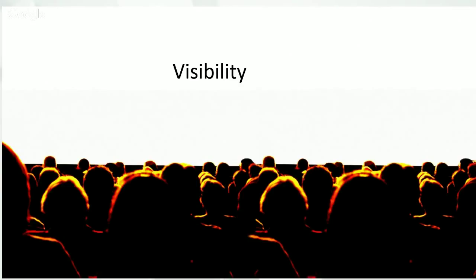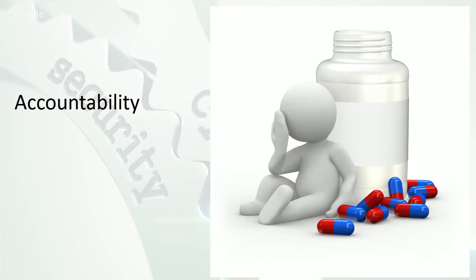But along with visibility, we also have accountability. We have an accountability component because we need to know who set that firewall up, who changed the rules of that firewall. Did they change the rules, or did they just make a rule up that they didn't know was going to work and then didn't worry about it? Who did that? Why do they need to do it?